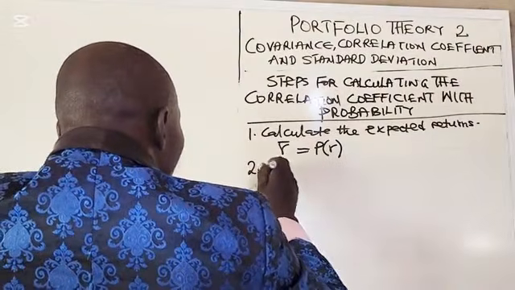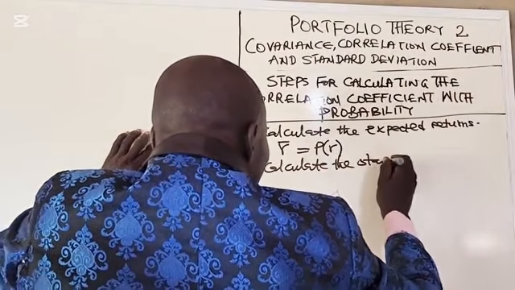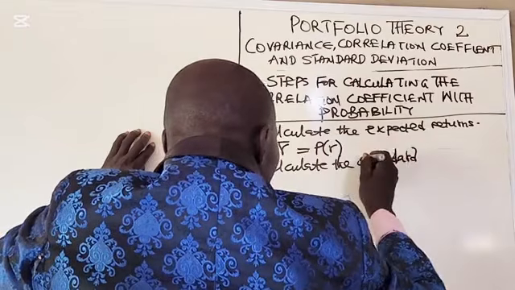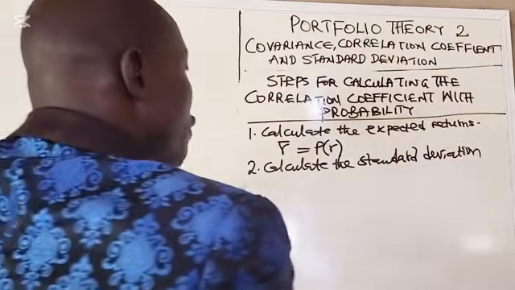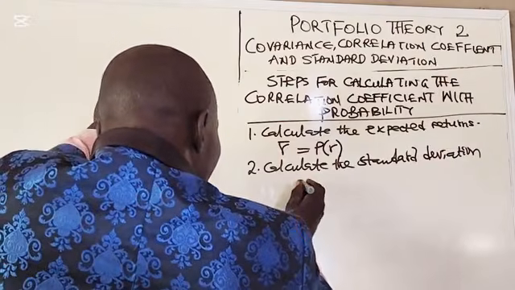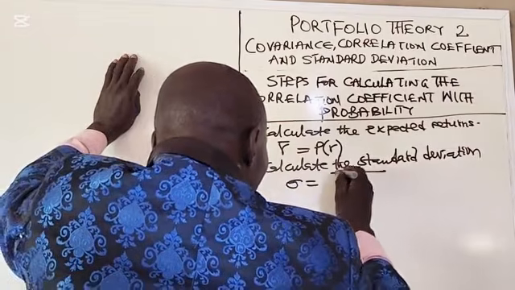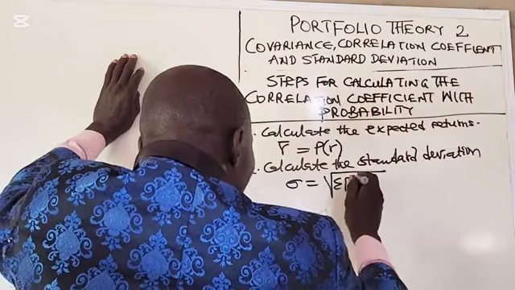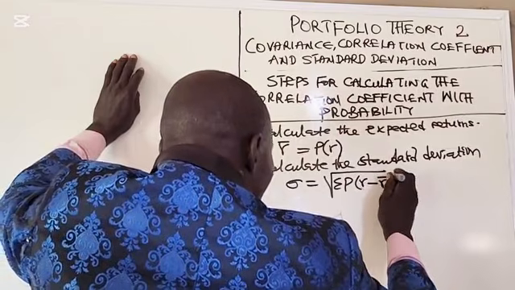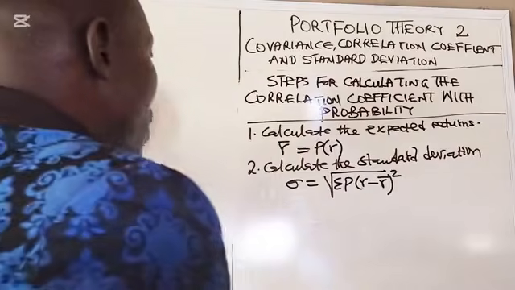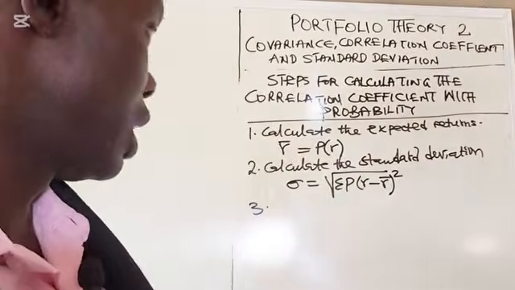Step 2, calculate the standard deviation. Remember, standard deviation is the square root of variance. That means standard deviation is the square root of the summation of P into returns minus expected returns squared. That was the formula I gave you for calculating the standard deviation.